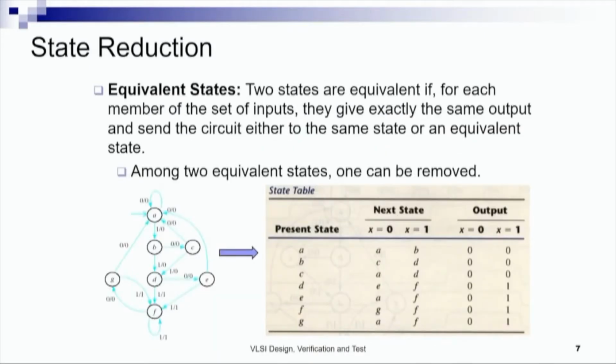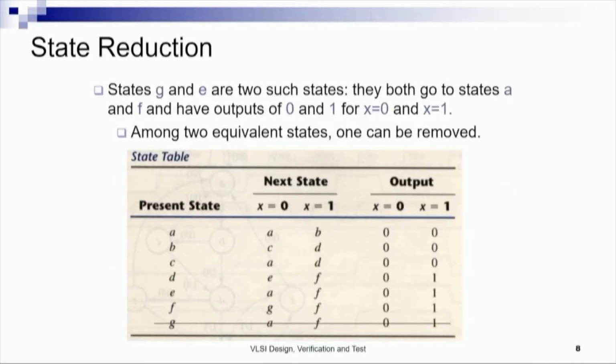In this FSM that we have, we obtain the corresponding state table first. Here there are 2 states G and E which are equivalent. And why are they equivalent? Because for both these states, when the input is x equals 0, they go to the same next state A. When the input is 1, on the other hand, they go to the same next state F. When the input is x equals 0, both of them produce the same output.